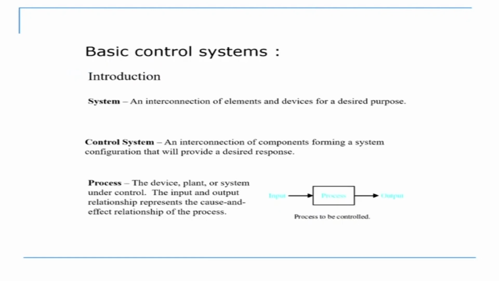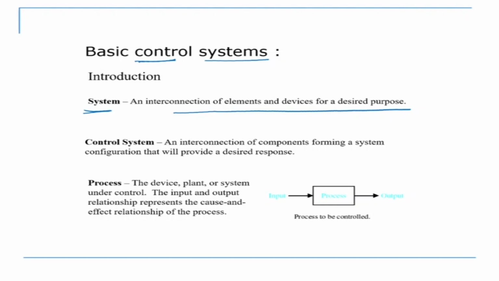If you look at the basic definitions of control systems, there are two things here: one is control, the other is system. A system is essentially an interconnection of elements and devices for a desired purpose. That is the definition of a system.